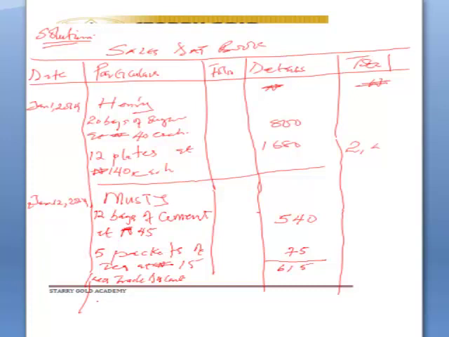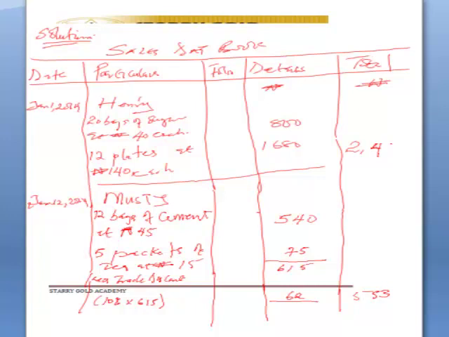Yes, our trade discount is 10%. So in a bracket, 10% of 615. The 10% of 615 is going to be 62 approximately. So when we less that, we are going to have 553.